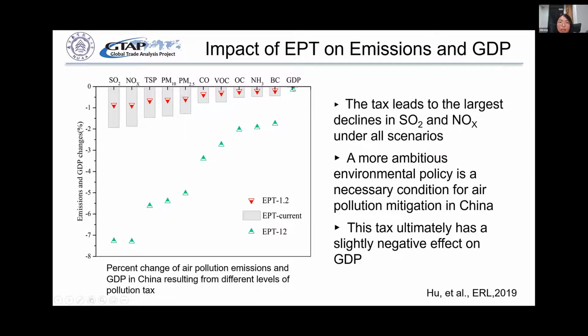And besides, this tax has a negative effect on GDP, but fortunately, the GDP loss is small. So this is our first study.